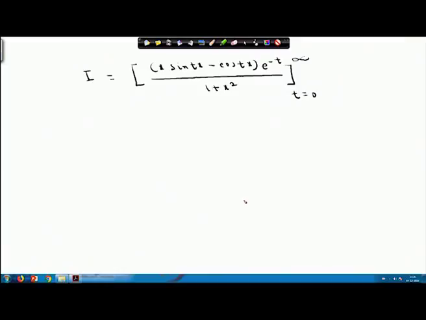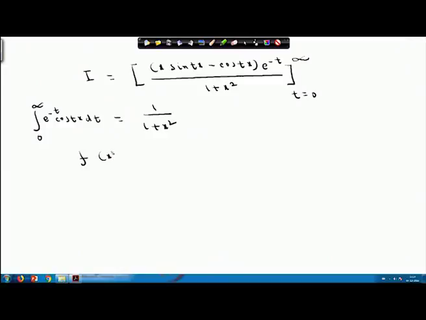Once t is 0, e power minus t will be 1, and for infinity it will become 0. So the value you will obtain is nothing but 1 by 1 plus x square. For 0, the sin term will vanish, the cos term will be 1, minus was there, so it will be plus. So I equals 1 by 1 plus x square. What was I? I was nothing but the given integral from 0 to infinity e power minus t into cos of t x dt. This was the integral and its value is this.